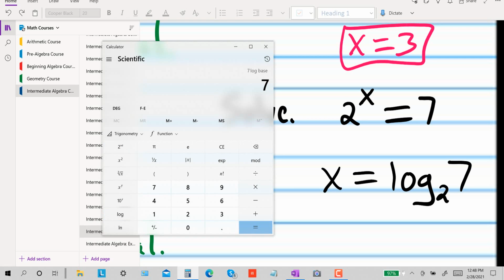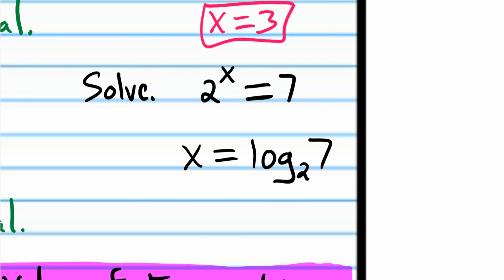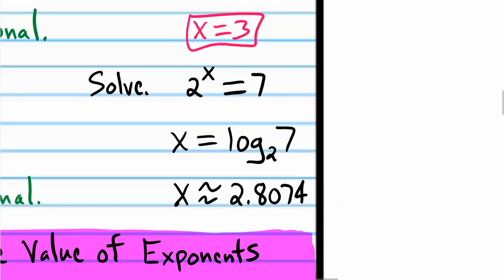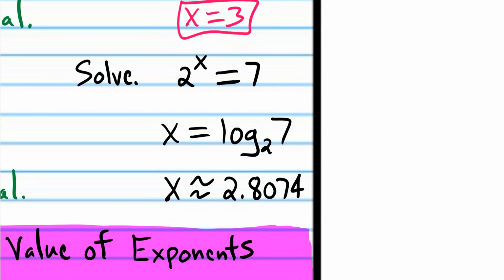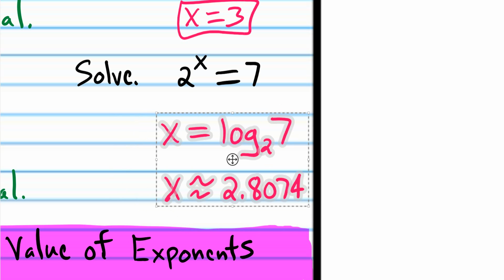I'm going to push that. And then I'm going to push the 2, base 2, and then equals. And I get 2.807, or we're going to have to round, so that's 2.8074, and I'm going to have you round to the nearest 10,000th place when you do these problems.